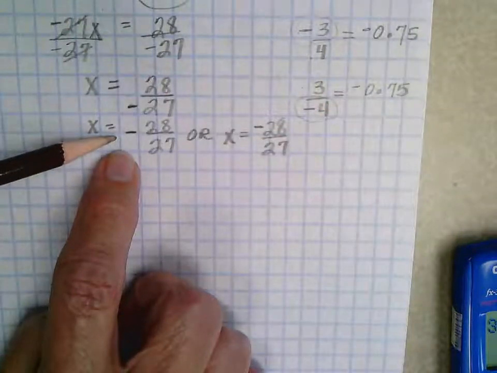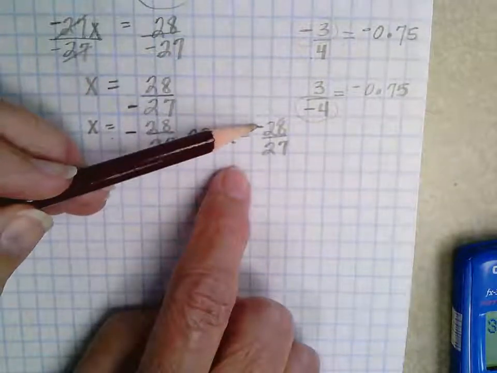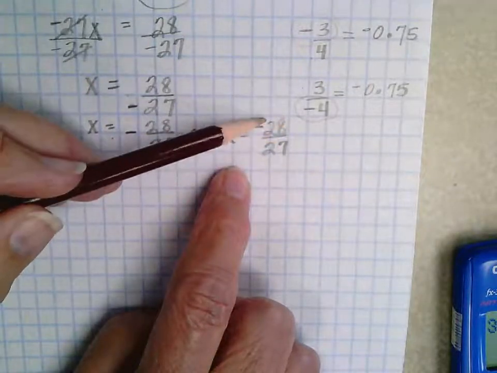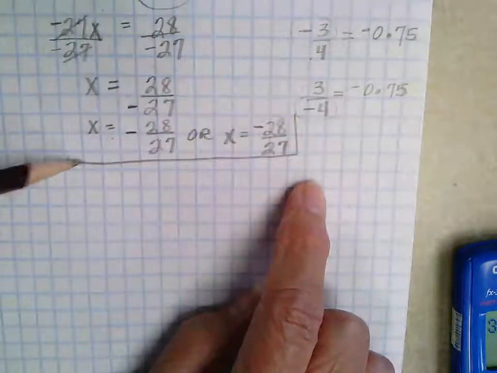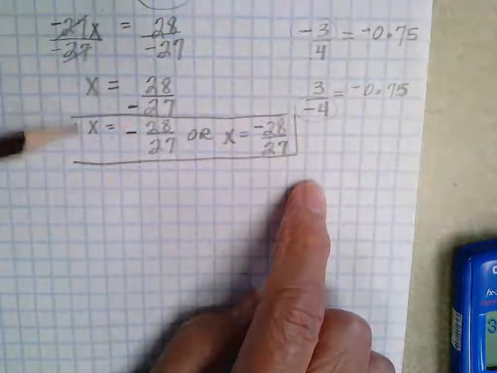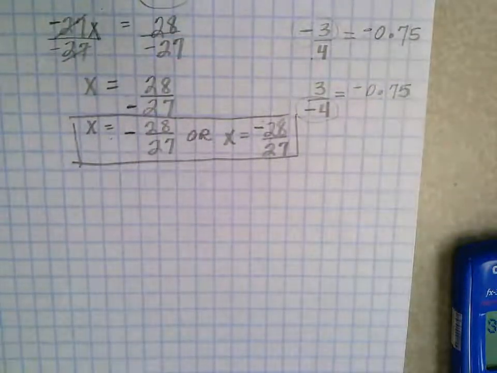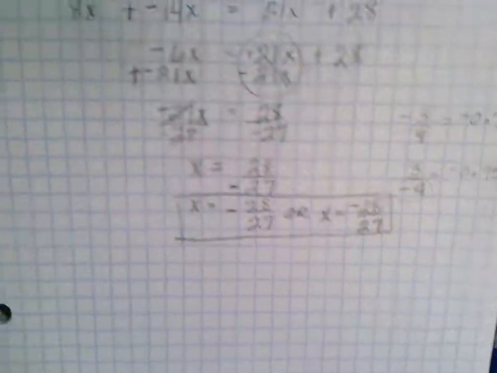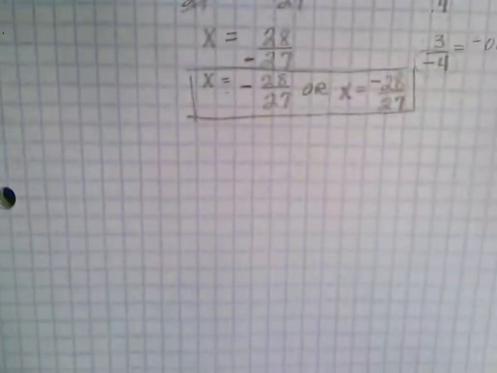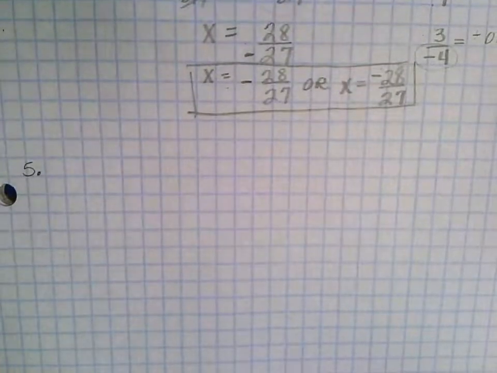So whether you represent it this way with it smack dab in the middle, or whether you raise it up a little bit and put it by your numerator, these are the two most acceptable, conventional ways that you're going to be seeing it as you move forward in math. This is not incorrect, it's just not the way you're going to see it most often. So you should start writing your math problems the way you're going to see them most often.